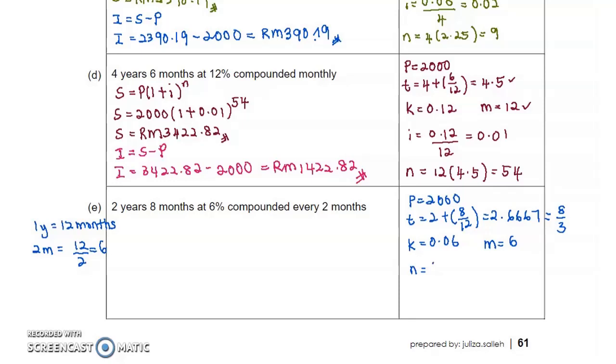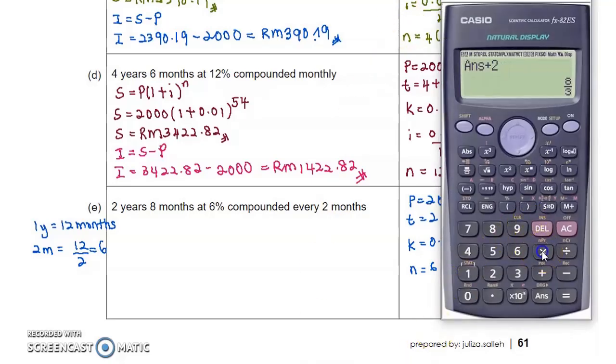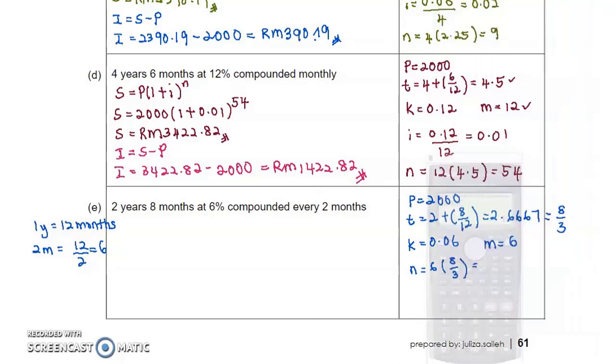So n equals m times t. T just now, let's say I use fraction. So 8 over 3 multiplied by 6, equal to 16. If you use decimal point here, look at how you calculate value n.